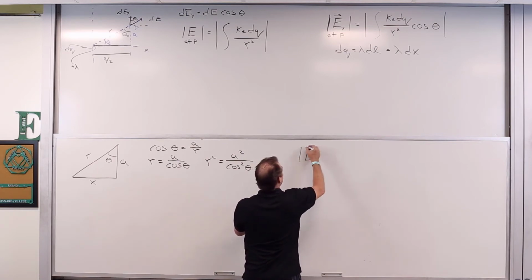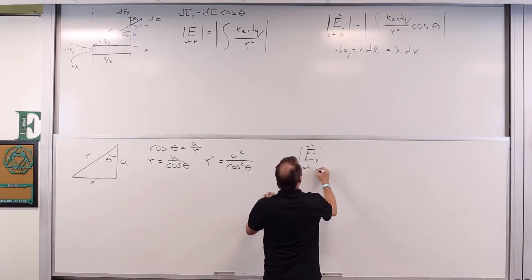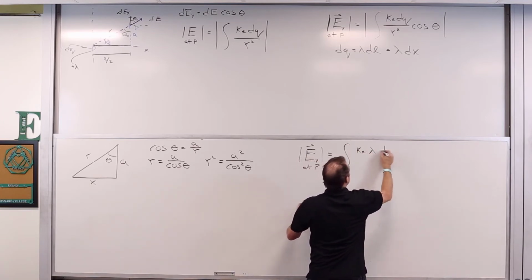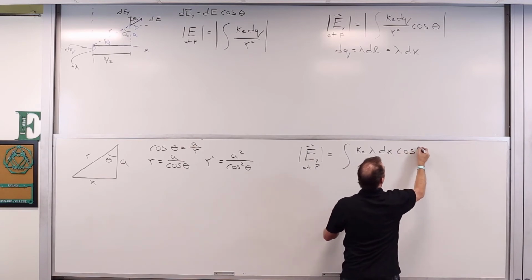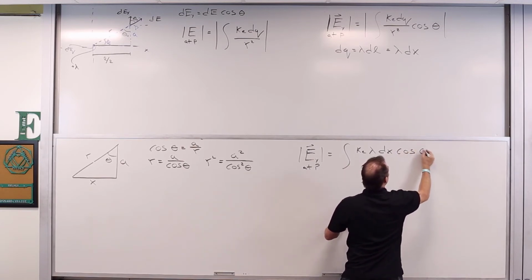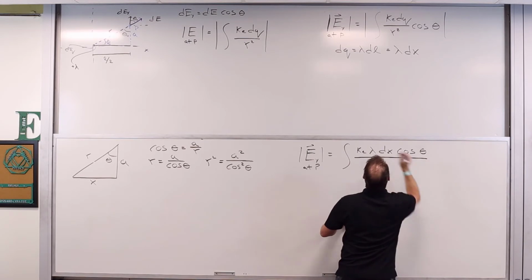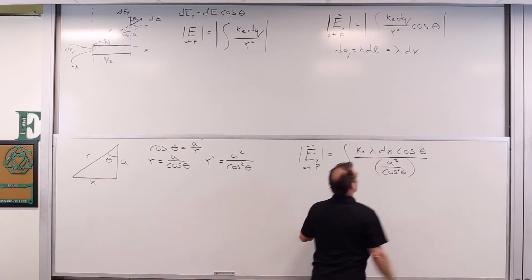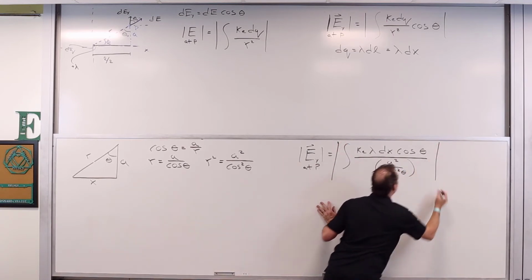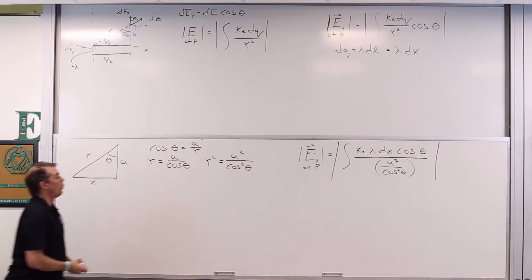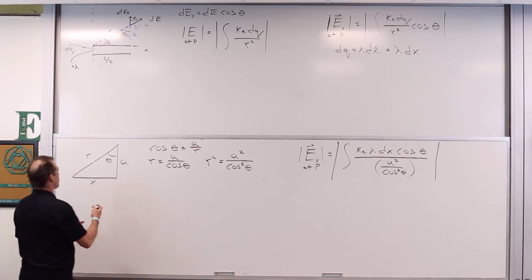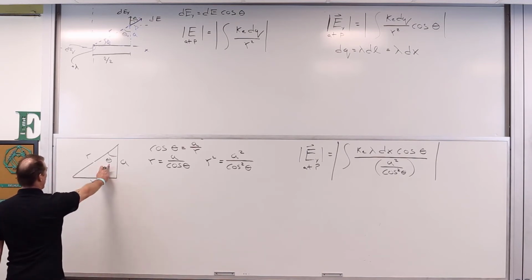We've got the magnitude of E sub y at the point P is going to be equal to the integral of k sub e lambda dx cosine of theta, divided by r squared, or we just said that r squared can be written as a squared over cosine squared theta. Absolute value, kabam. So we don't need x, we need dx, but we can still get a representation of how this works out because, again, we want it in terms of theta.